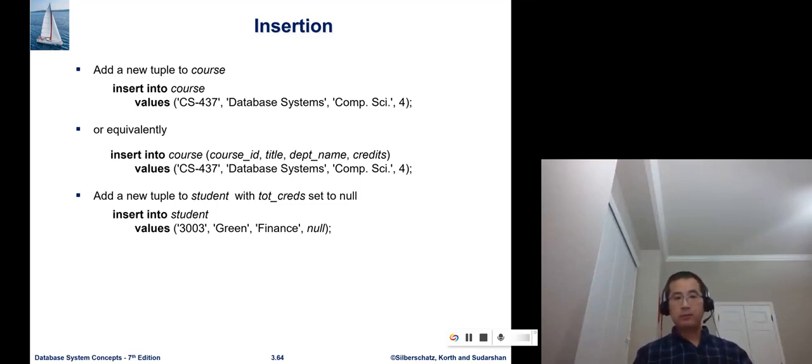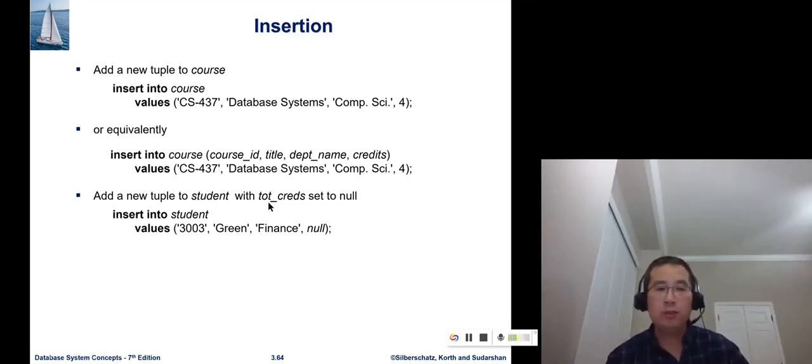And then the last one is add a new tuple to student with total credit set to null. Okay, add a new tuple to student, that means if the total credit is null, then we add a record for those students.